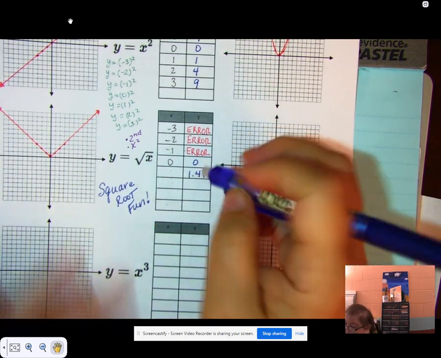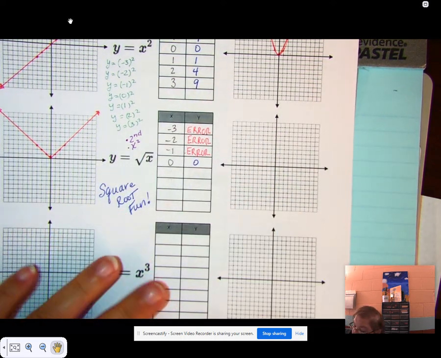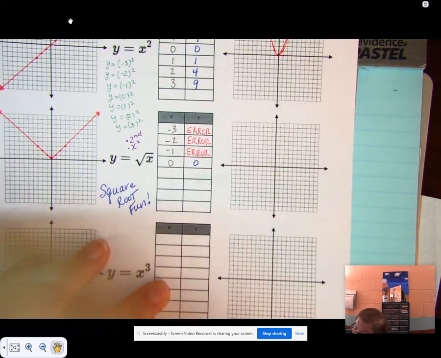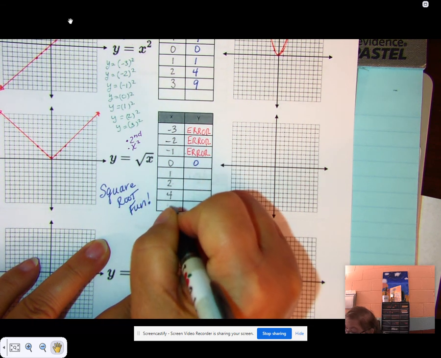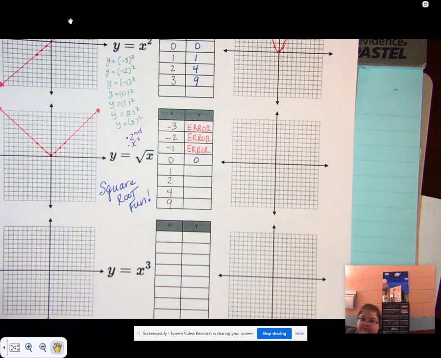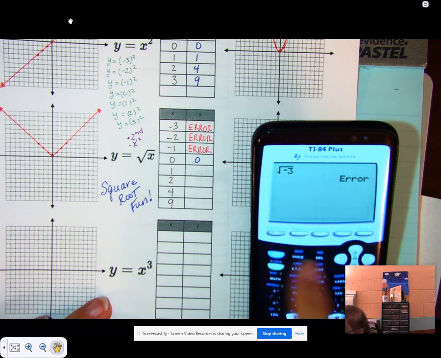I apologize, I've got this in the wrong place. 1, 2, 4, 9. Because the square roots of perfect squares are going to give us a much better graphing situation. So, the square root, second x squared, of 1 is 1.